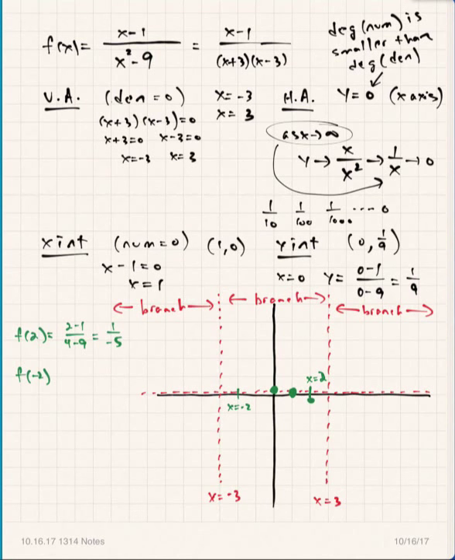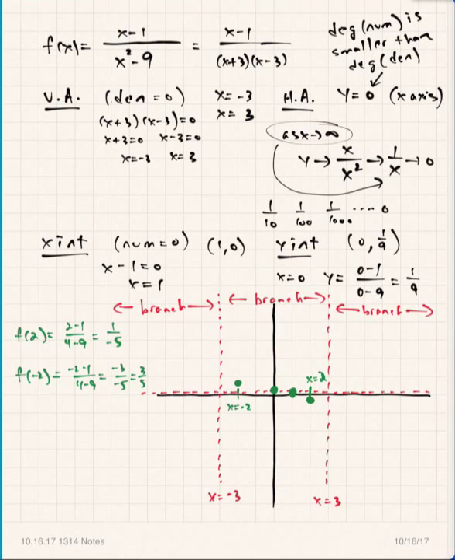It's a value down here, pretty small again, but negative. f of -2 would be -2 minus 1 over 4 minus 9, or -3 over -5, which is positive 3/5. Kind of exaggerated where it's located, but it's right in here.